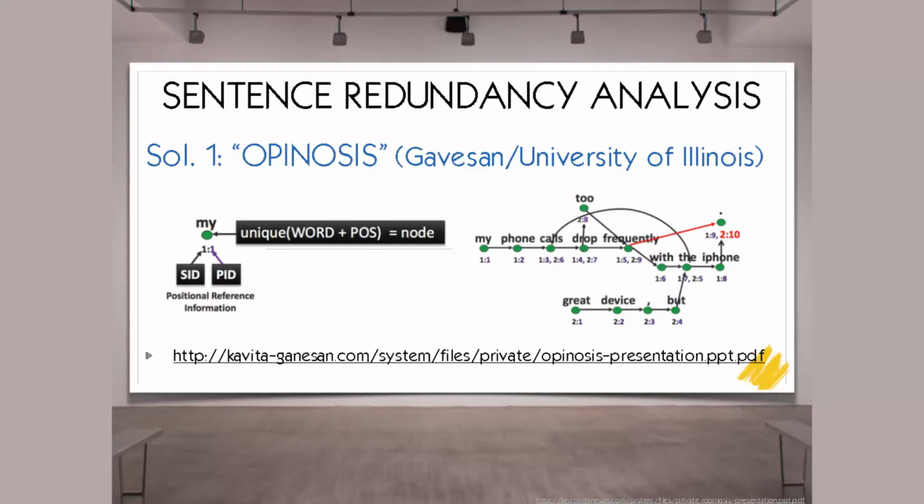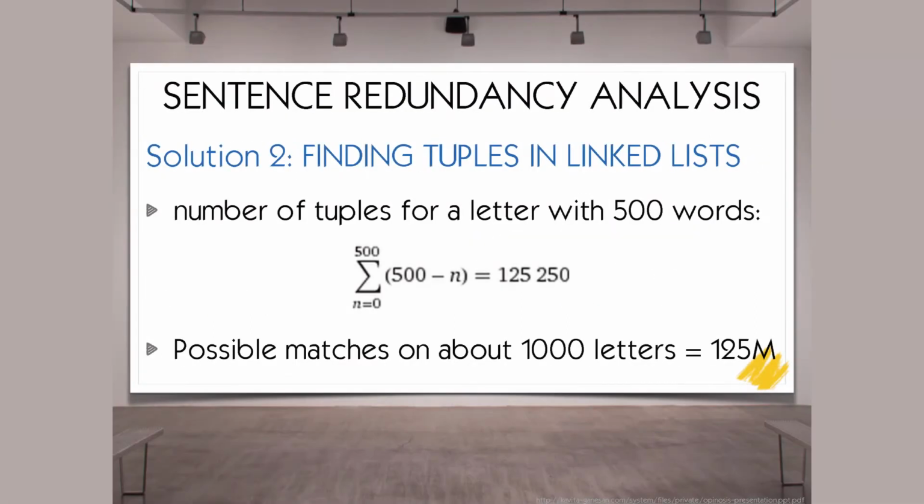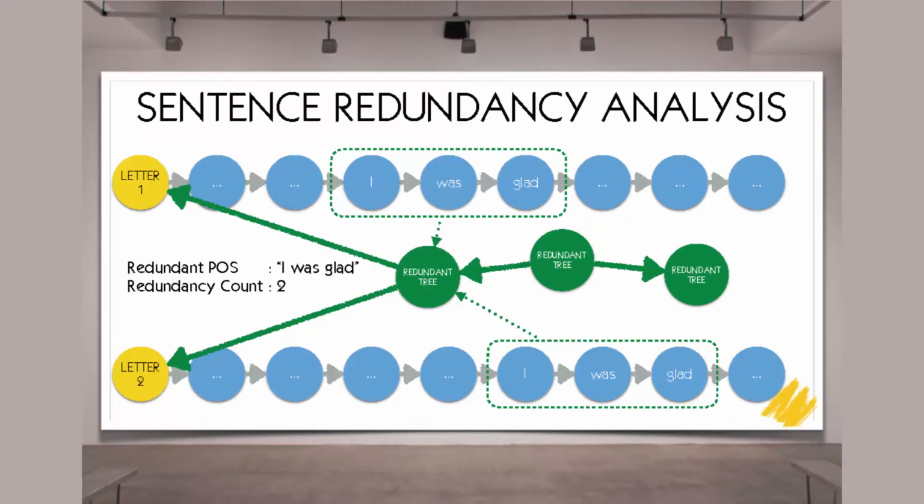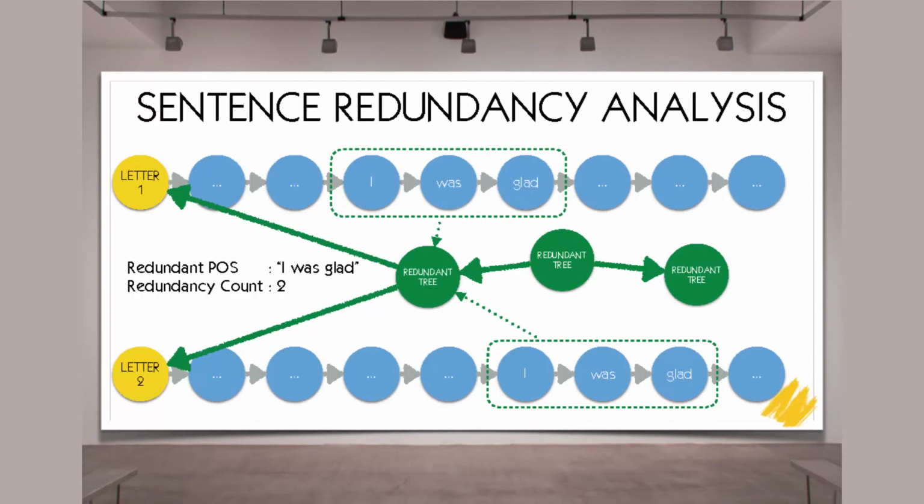We started with an approach by Gawson of the University of Illinois, but it was too complex, so we decided to do the same as before, finding tuples inside linked lists. So if we have a letter, we can find some words that are repeated, and we create a redundancy tree, which represents the parts of the letter that are repeated.